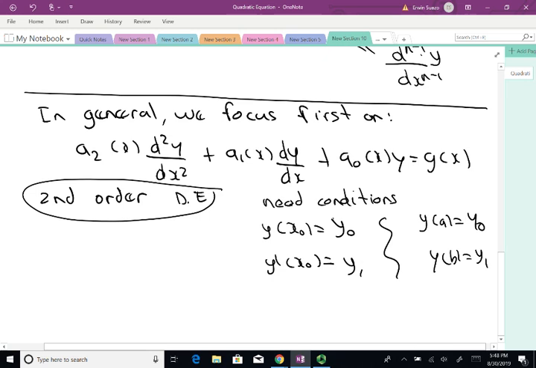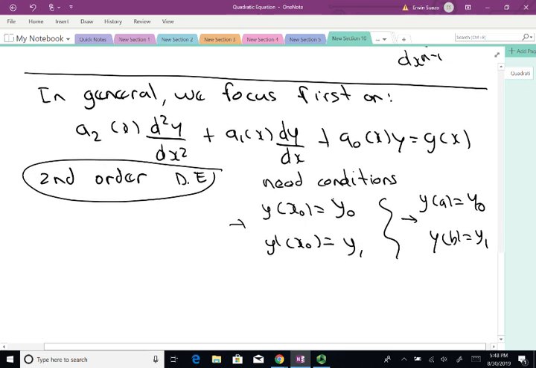Okay, so those are possibilities. So we'll solve this equation with these conditions or with these conditions, for example. That's what we're gonna do.